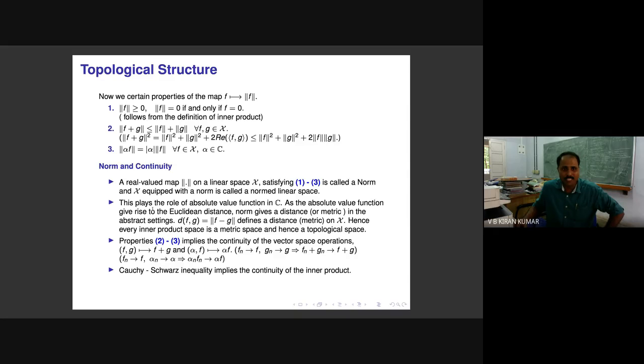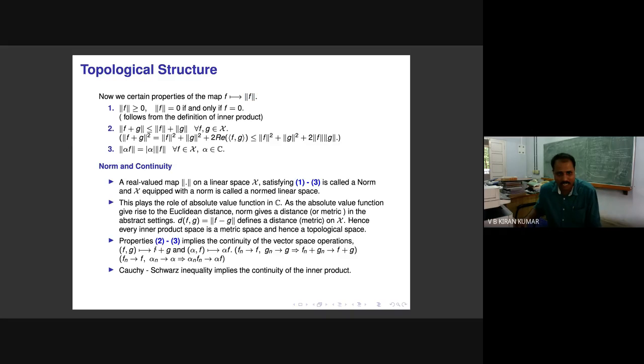Now, another important thing, you consider this second and third property. Remember that an inner product space is equipped with a linear structure, an algebraic structure. That means there is a vector addition and a scalar multiplication. These two properties tell you the interplay between the norm and the vector space operations, the addition and scalar multiplication. Okay, and as a consequence of this, you will obtain that this map f going to norm f is actually continuous with respect to the metric given by the norm in the inner product space and the usual topology in the real line.